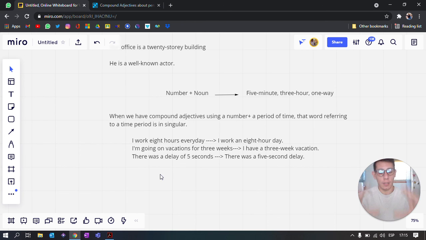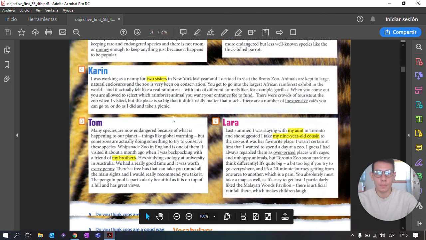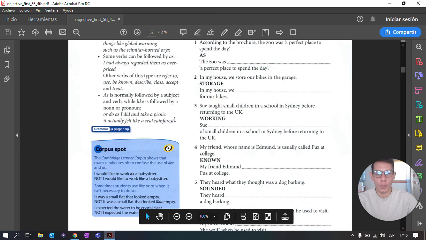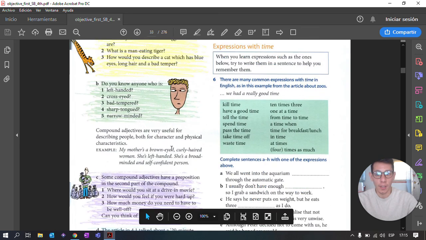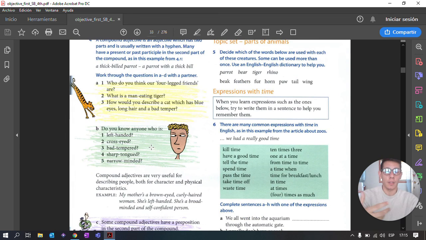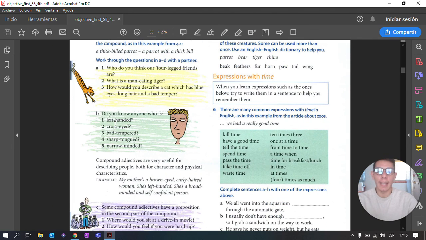I'm going to upload the chart. There's a chart, we have number plus noun, adjective plus noun, so here we continue with that, we're not going to work with this. We have other different adjectives, for example, left-handed. Are you a left-handed person? And if you're not left-handed, you are right-handed, right?